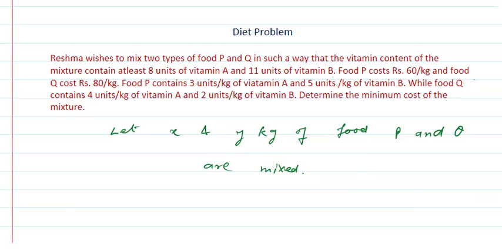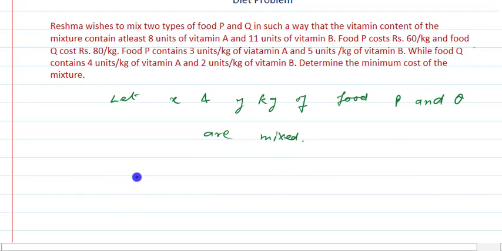To simplify this problem, we can make a table like on one side let us take food P and food Q, and on another side let us take vitamin A and vitamin B. So here let us fill the table by using these contents.